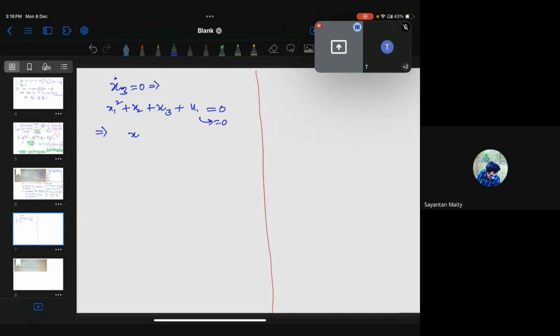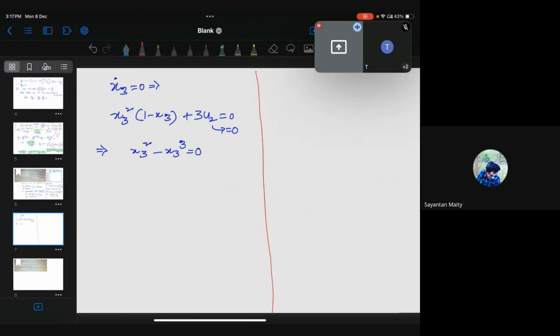I'm sorry, this is the fourth one, not this. The x3 dot equation is x3 squared minus x3 plus 3u2 equal to 0. u is already 0.